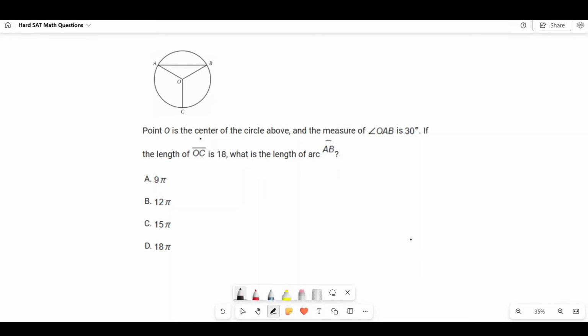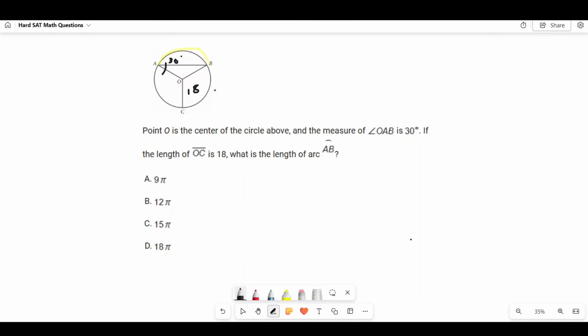So now we have a geometry question that tests your knowledge on circles. We're given that angle OAB is 30 degrees and length OC is 18, and we were asked to find arc AB.